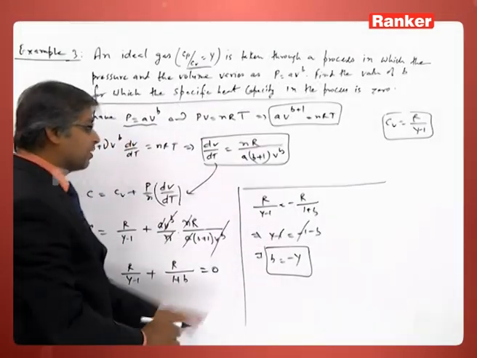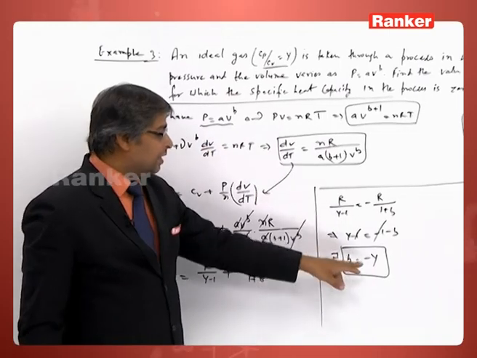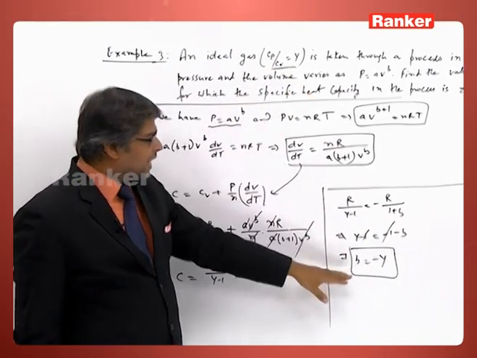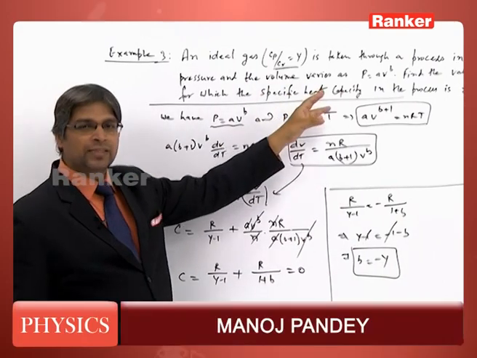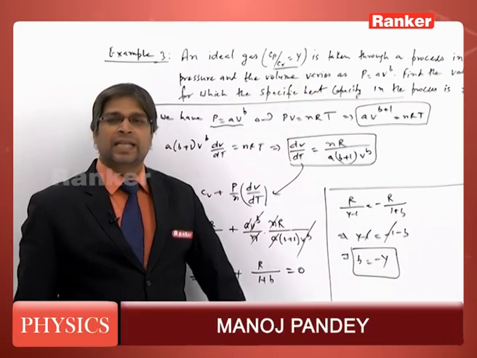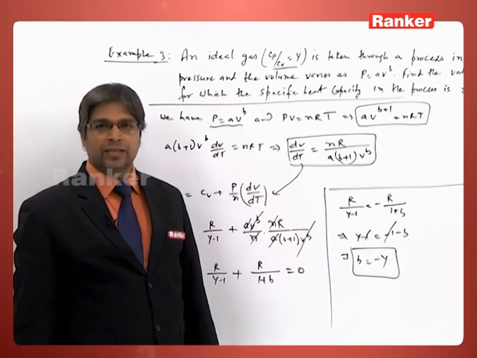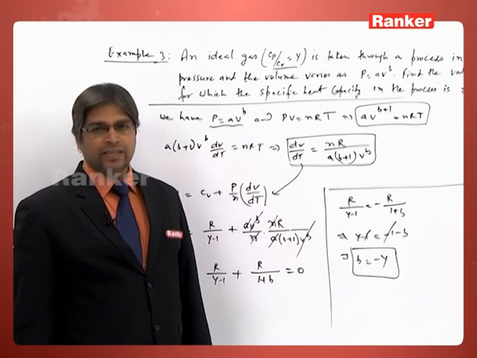So if B is equal to minus gamma, where gamma is the Cp by Cv ratio, then for this process the molar specific heat of the gas will be 0. So no temperature rise will occur if heat is given to the system.